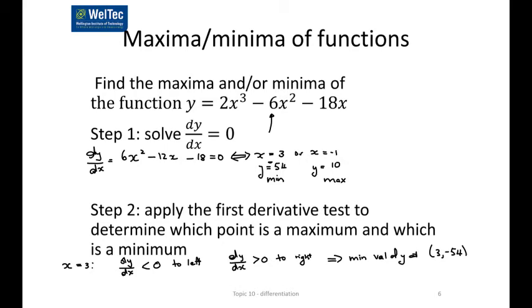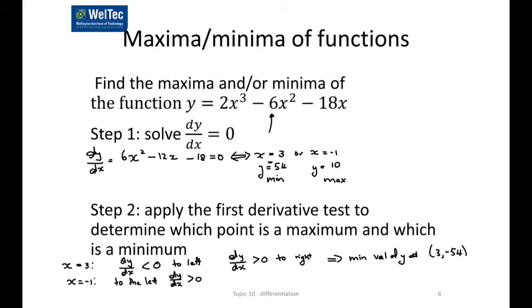And let's look at x equals -1. Let's look to the left first. Now this is where we have to be a little bit careful. To the left of -1 would be, say, -1.1. Put that into the derivative function and we find out that it is positive.